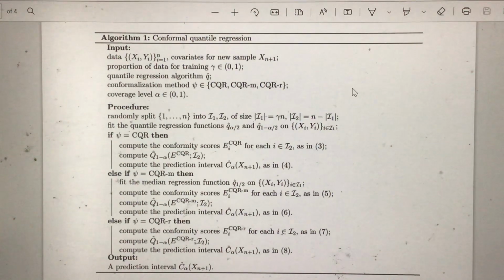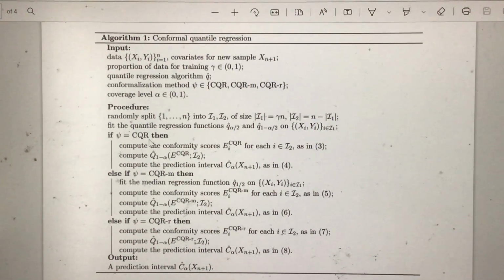The procedure is like that. The first step is to randomly split into L1 and L2. L1 will be n times gamma, and L2 will be n minus L1. The second step will fit the quantile regression functions Q hat half of alpha and Q hat 1 minus half of alpha.